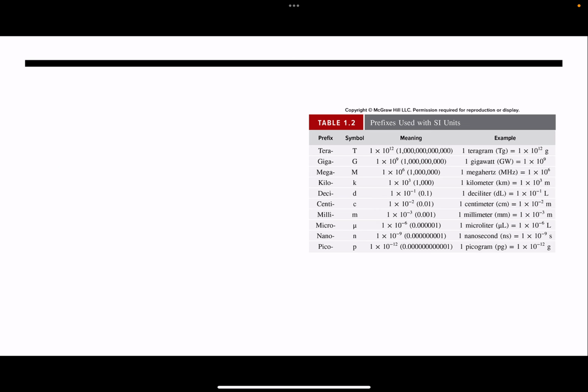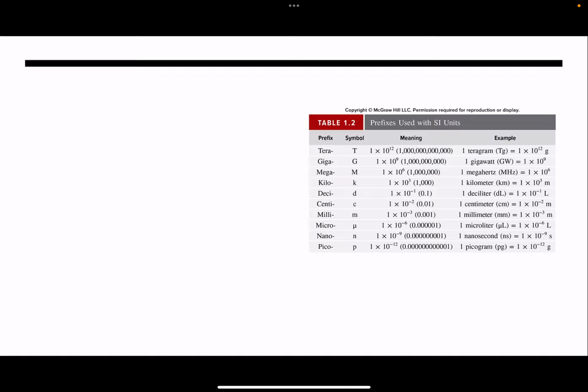So let's look at our chart again, our table that you have in the first video that shows us our prefixes. So, some conversion factors we can write from this, and I encourage you to practice writing some conversion factors on your own.